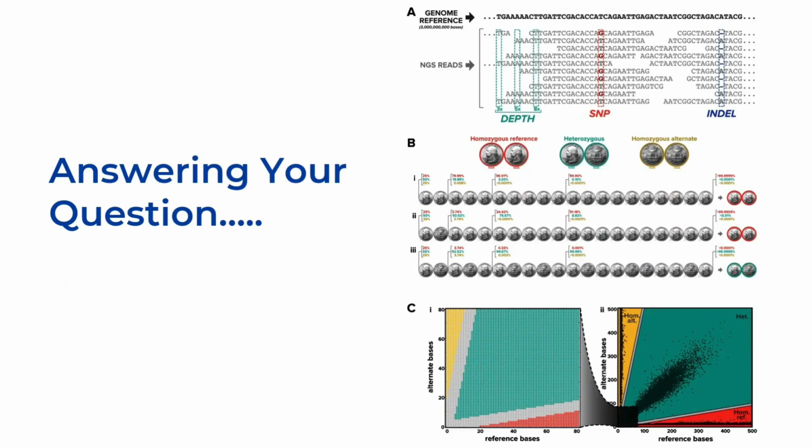To explain this with an illustration: here you can see the reference genome sequence line. If I point my laser onto it, here is the line for my reference genome, and here are the NGS reads. These are the depth, 3x, 5x and 8x. Here you can see a single nucleotide polymorphism, and here is an insertion and deletion.